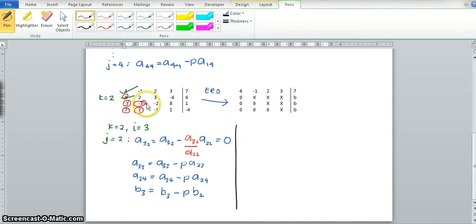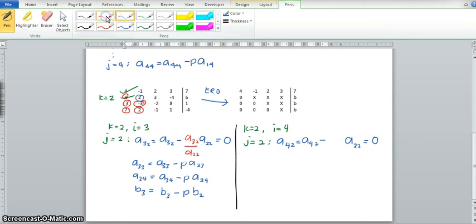Sekarang I4. K2, I sama dengan 4. So, J kita start dengan 2. A42 sama dengan A42 tolak P times A22. Kita still gunakan A22 sebagai rujukan. Kita akan dapat kosong.